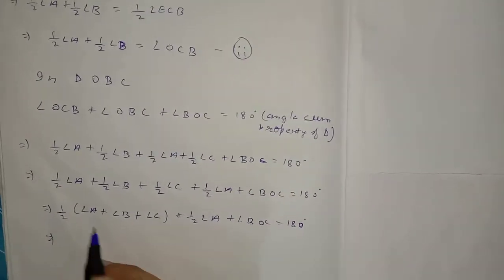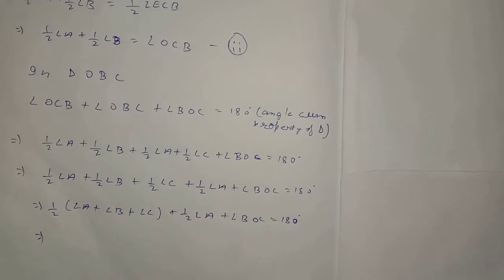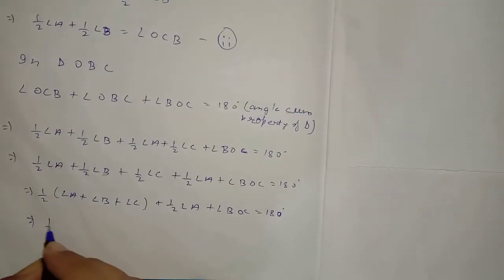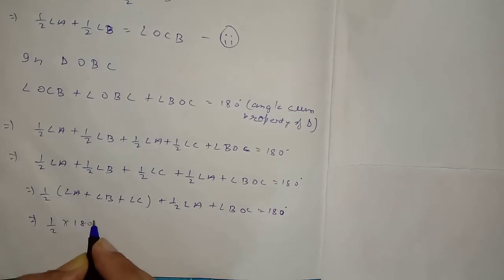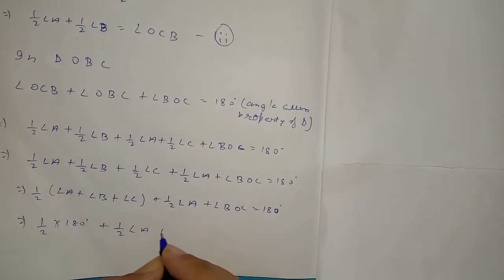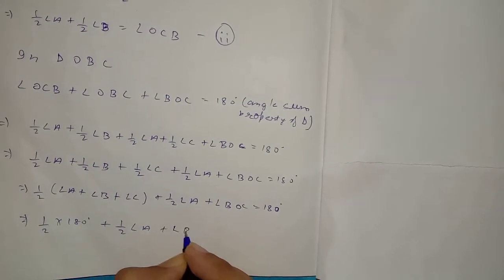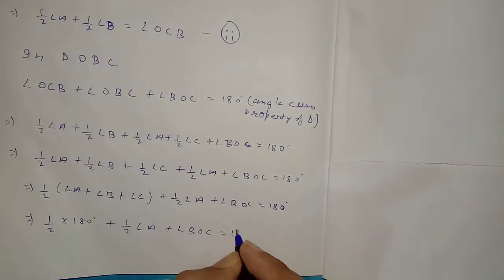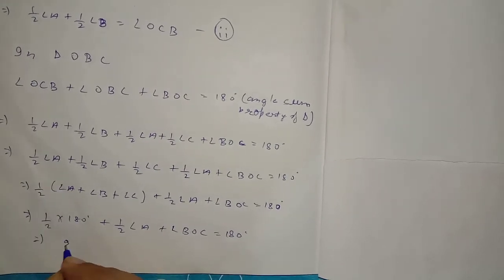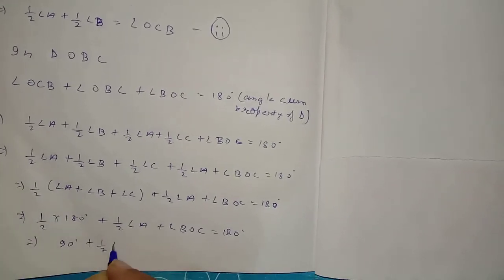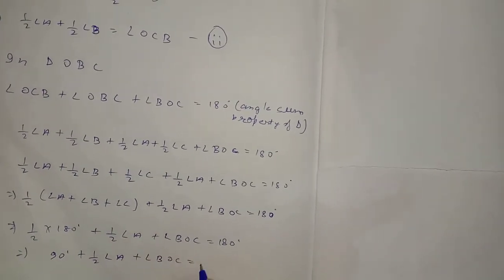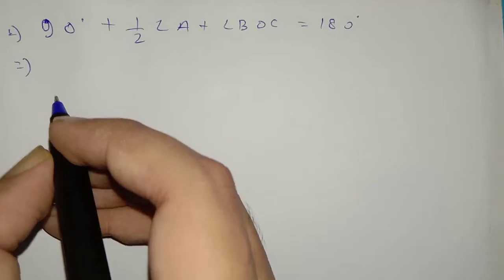So here angle A plus angle B plus angle C is equal to 180 degree by angle sum property of triangle. So half into 180 degree plus half angle A plus angle BOC is equal to 180 degree. So 90 degree plus half angle A plus angle BOC is equal to 180 degree.